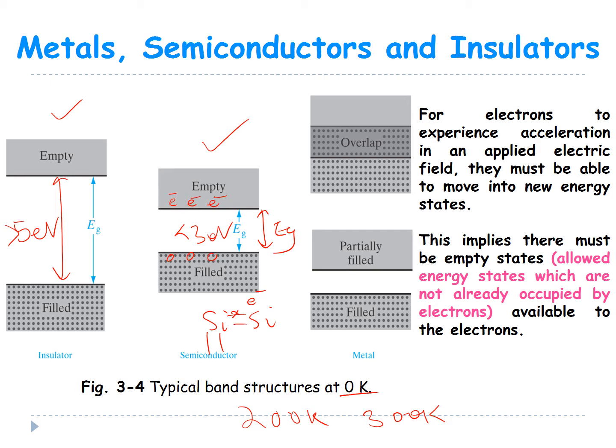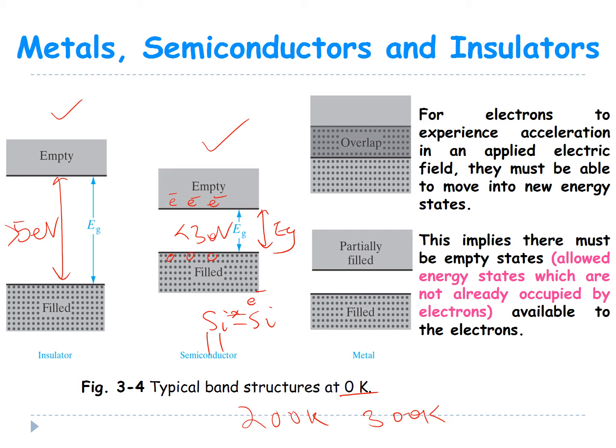So because of this, we can actually control the conductivity of a semiconductor. If you apply some external excitation like heat or light or even mechanical pressure, you can actually generate electrons.